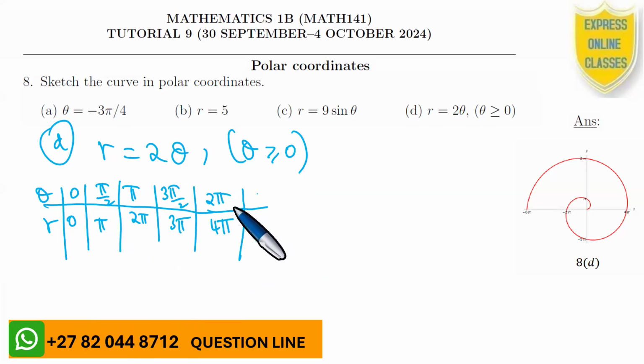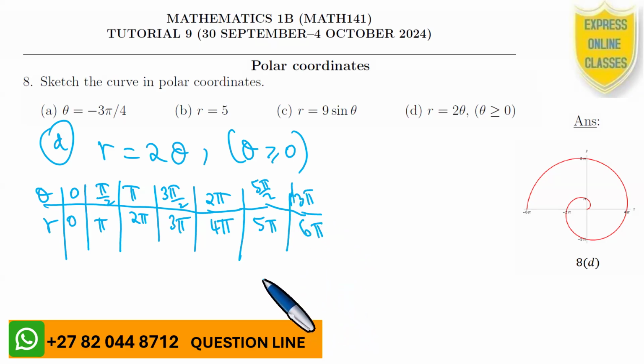Then you have 2.5 pi, which is 5 pi over 2, and multiplying by 2, it becomes 5 pi. And then adding the pi over 2 here, it becomes 6 pi over 2, which is 3 pi. Multiply by 2, you get 6 pi.